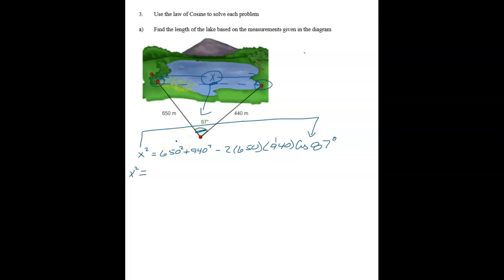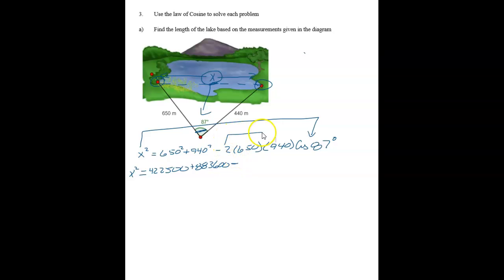So 650 squared. And don't be afraid of big numbers because you will run into them. And on the same note, don't be afraid of really small numbers. 422,500, and 940 squared, 883,600.